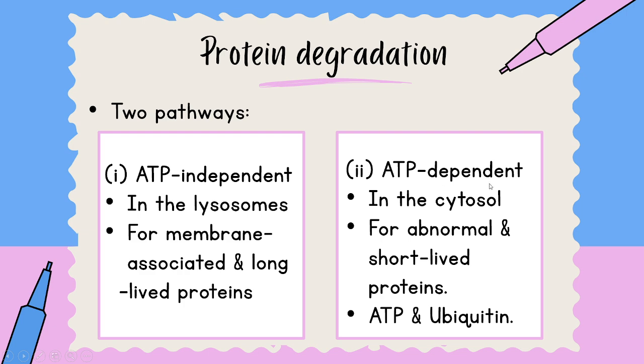The ATP-dependent degradation of proteins is in the cytosol, for abnormal proteins, for example if the cell structure is abnormal, or for proteins that are essentially short-lived, so they normally have a short half-life. Those will be degraded by an ATP-dependent pathway, and this pathway requires ATP, so it requires energy, and it also requires ubiquitin.